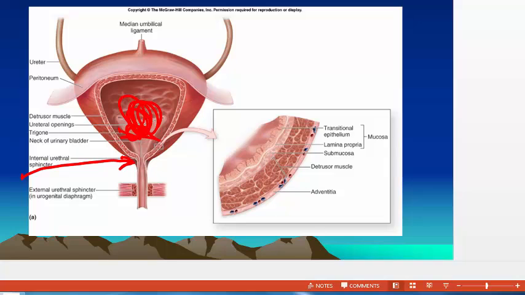So let me give you an example. You're sitting in class, bored out of your skull, and your bladder fills up. And when you fill up enough urine in your bladder, it's going to create pressure, and that is going to say, okay, I better go. So you have this internal urethral sphincter that's under autonomic control, meaning it's going to begin to relax.